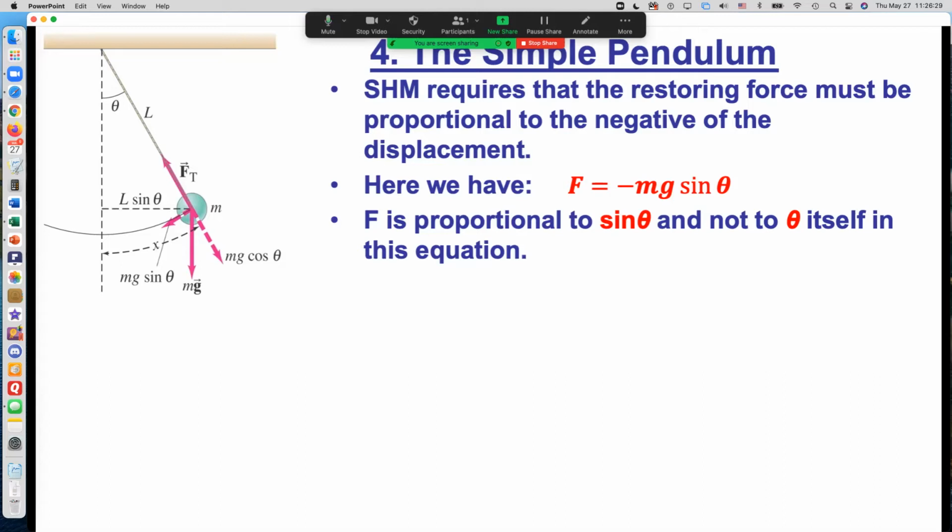So now instead of writing sine theta, we just write theta, and magically the force becomes a proportional relationship, because it's now proportional to negative mg theta.